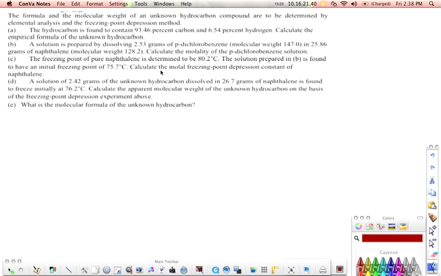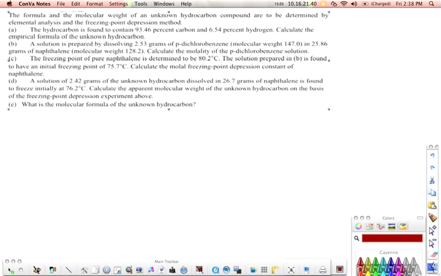Okay, maybe I can read that just fine. Read through the question, and I'm just going to start working it out. So the first thing asks us to find that empirical formula again.